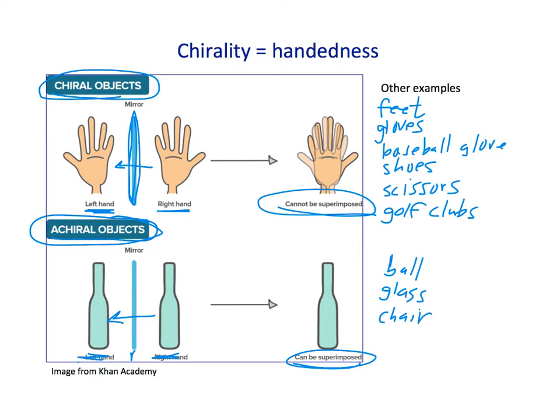Most chairs might be achiral. Something like a brick, right? A fork or a spoon. We don't usually have right or left-handed forks or spoons. And so all of these objects would be the same as their mirror image, and so they are achiral.